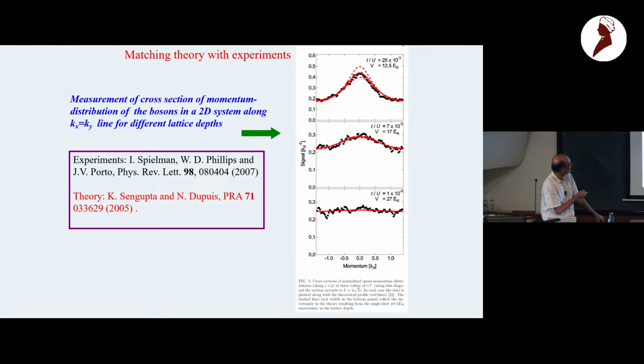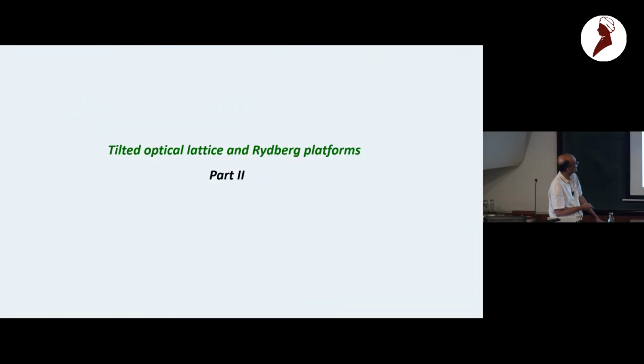This was done in Hans Spillman's group in Maryland, and you see that both deep inside the Mott phase, where that peak is almost non-existent, and near the critical point, the red, which is the theory, and the black, which is the experiment, essentially match very well. The mean field theory is given by the red dot, and that deviates.